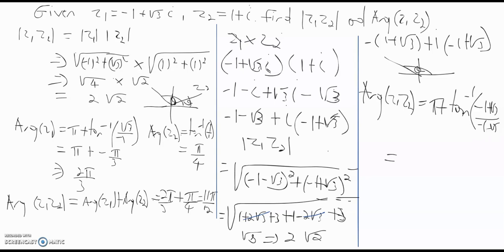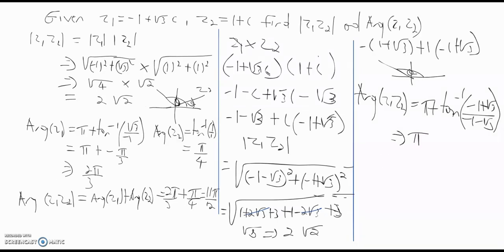So this boils down to pi plus, and we can put all that inside our calculators. When I put all of this inside of my calculator, what I end up with is minus pi over 12. Now what is pi minus pi over 12? I'm going to end up with 11 pi over 12.